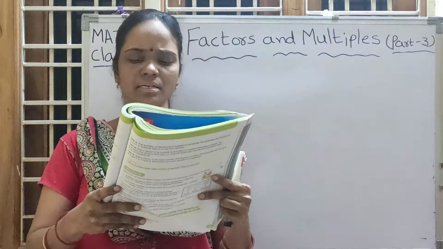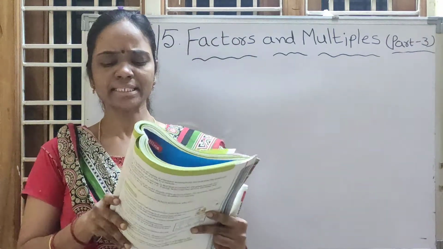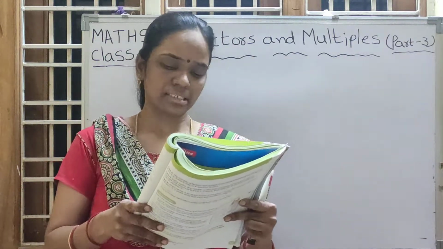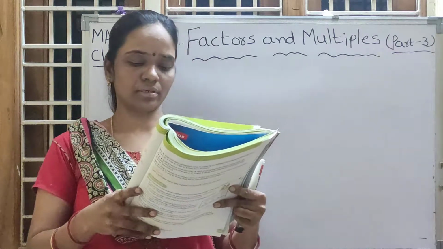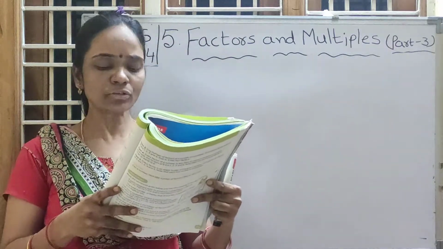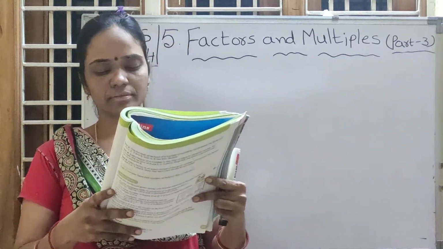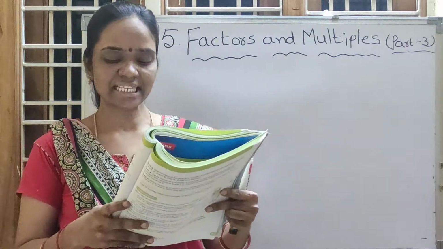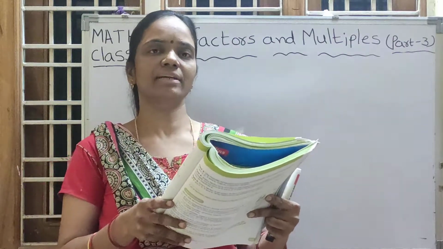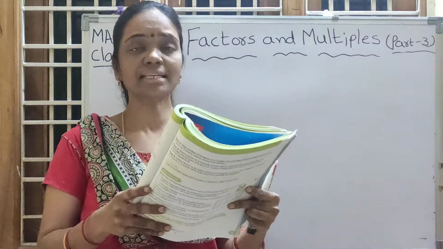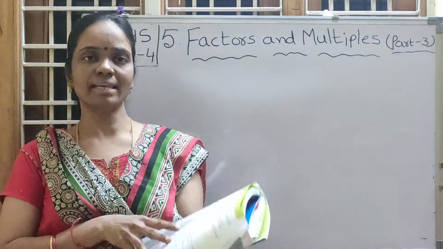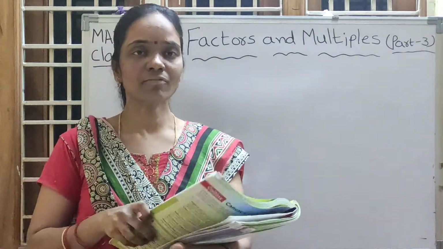The third one is the number of factors of each number are countable. Factors of a given number are countable. The fourth property is every factor is less than or equal to the given number. And the fifth one is every factor is an exact divisor of the given number. So these are the properties of factors.